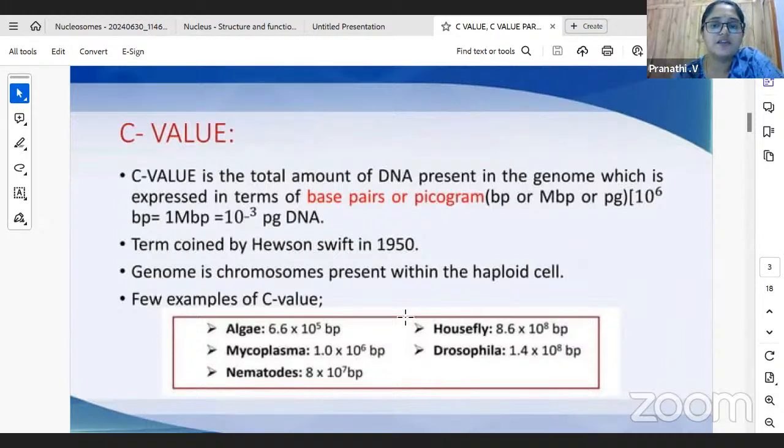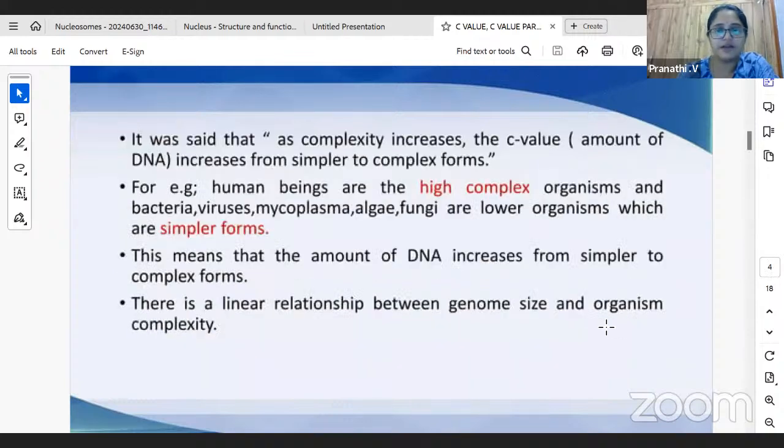An example of C value is around 6.6 x 10^5 base pairs. Housefly is around 8.6 x 10^8 base pairs. So basically, as complexity increases, the C value increases, from simpler to complex forms.